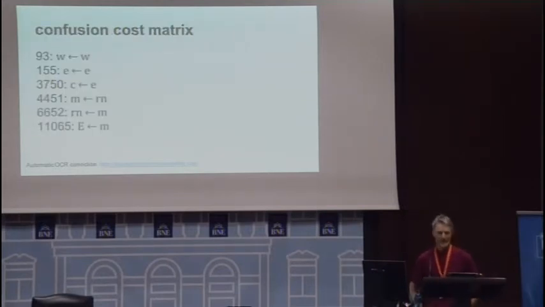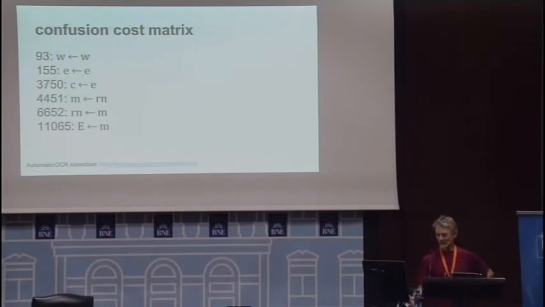So we're still talking now about the error context part of it. And we've got in memory a large matrix which takes into account all kinds of transitions or edits that the OCR can inadvertently make.